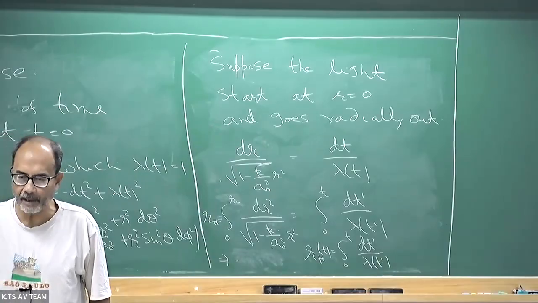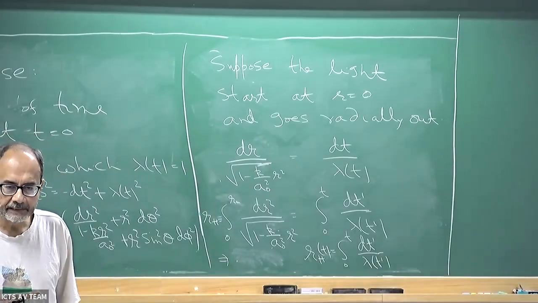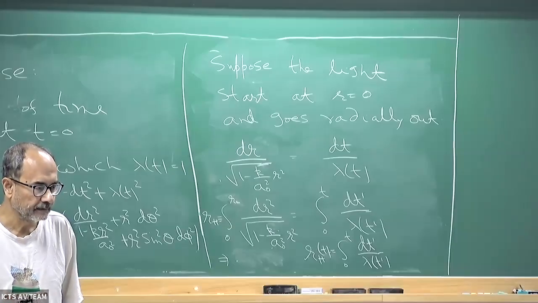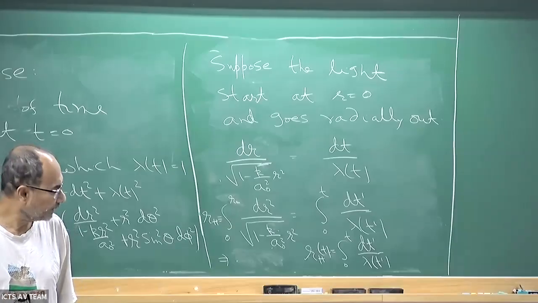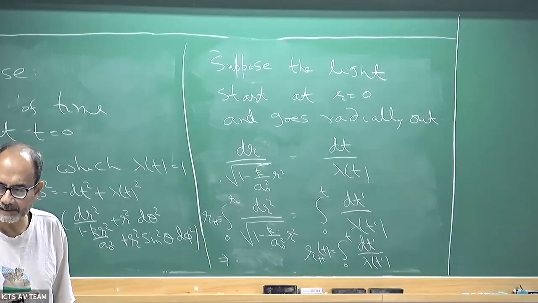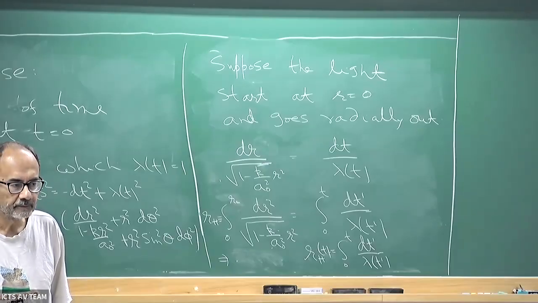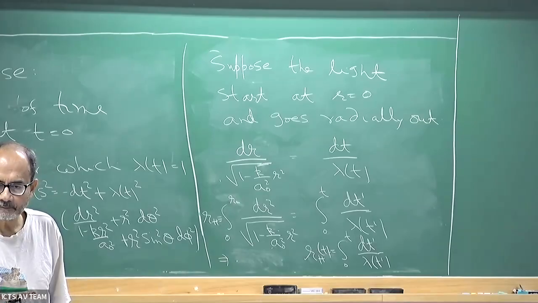If you know lambda of t, you know how much distance the light travels in time t. Is this clear?